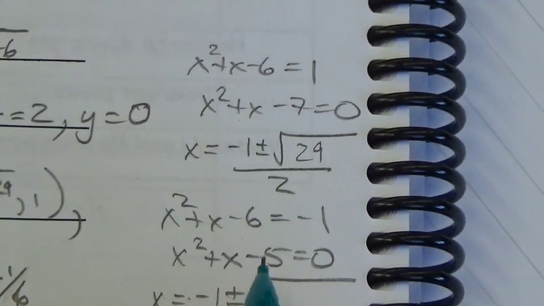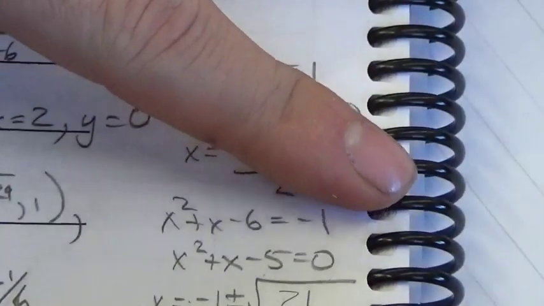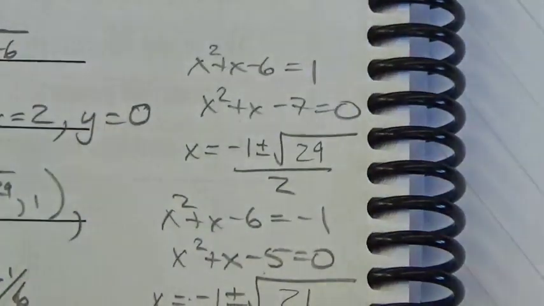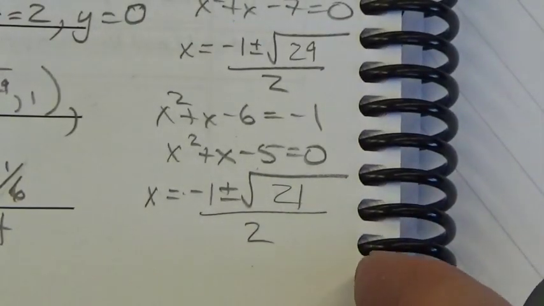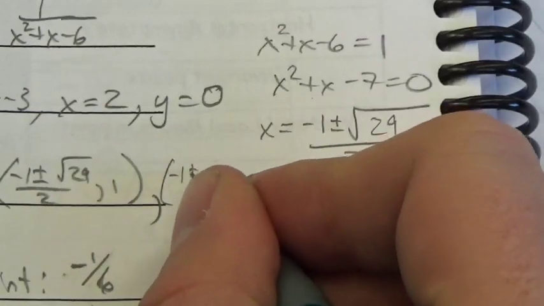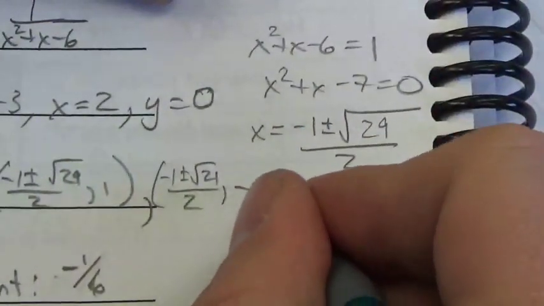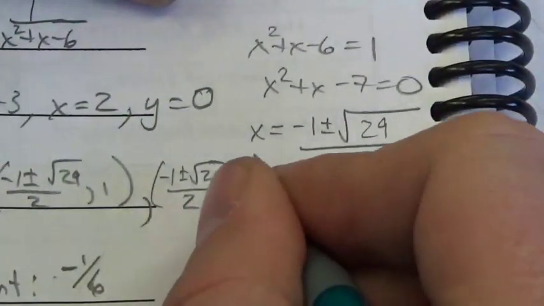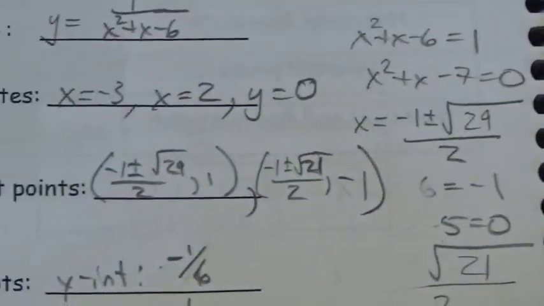Minus 4 times negative 5 is positive 20, plus that 1 is 21, over 2. I'm not going to be able to simplify that root 21. So my other set of invariant points are negative 1 plus or minus the square root of 21 over 2, comma, negative 1. Okay, so those are the invariant points.